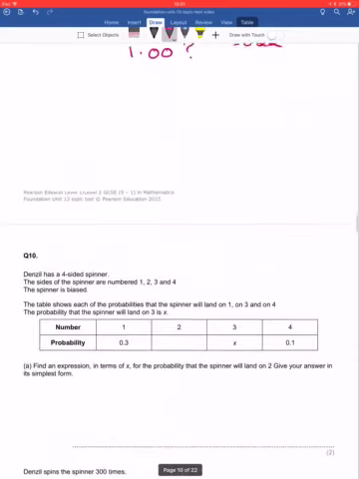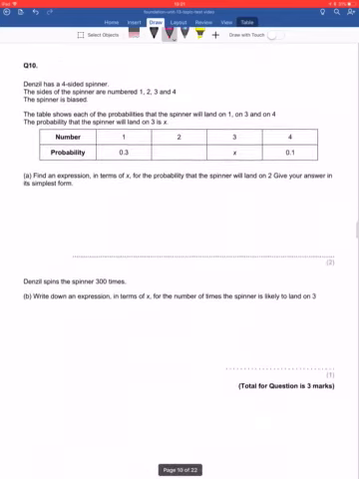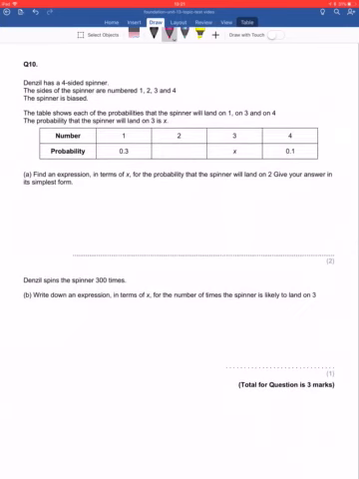Next question. Very similar. The table shows the probabilities that the spinner will land on 1, 3, 4. Find an expression in terms of x for the probability it will land on 2. So we know 0.3 plus 0.1 plus x plus whatever 2 is equals 1. So 0.3 plus 0.1 is 0.4.